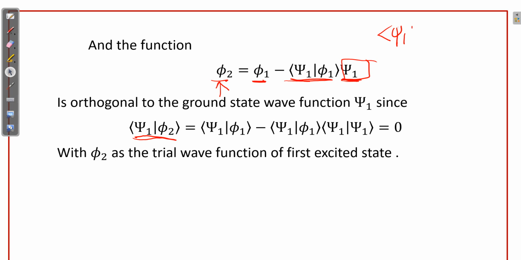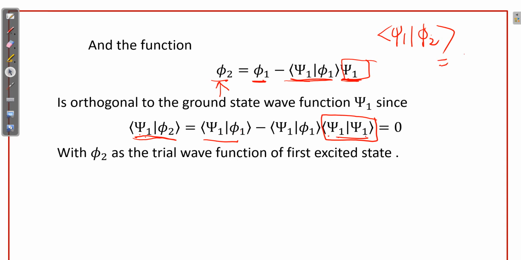So the product of psi 1 and psi 1 has the same value, which is written as Kronecker delta 1 1, and that is equal to 1.